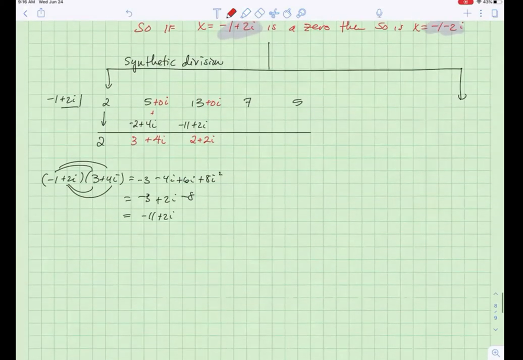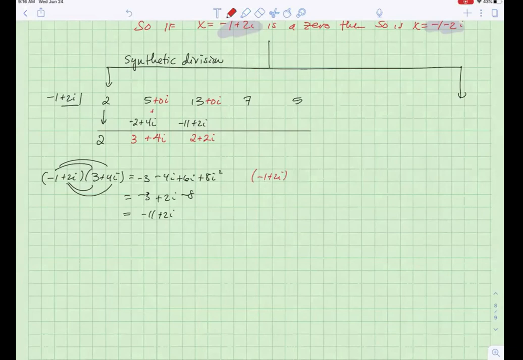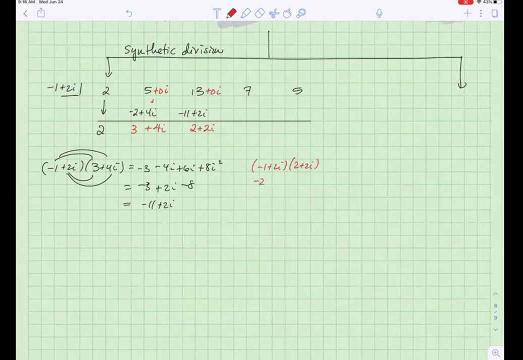And then we have to multiply negative 1 plus 2i times 2 plus 2i. And that's going to be negative 2 minus 2i plus 4i plus 4i squared, which is negative 6 plus 2i. And maybe you've already decided that you don't want to do it this way. But this is then 1 plus 2i. And then as we multiply these last two together, we actually get negative 5. And this is 0.